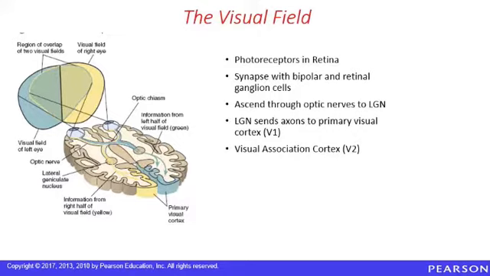And the primary visual cortex is also sometimes called V1, and the visual association cortex is sometimes called V2 through as many as V8, I think. But, typically, something other than V1 is visual association cortex.